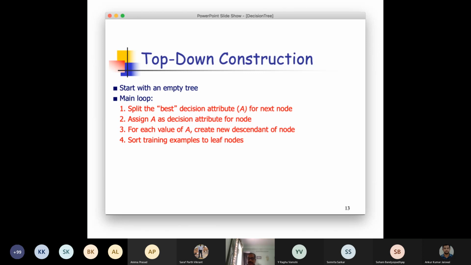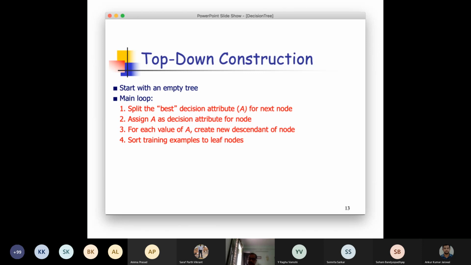Sort means you consider those training examples which should be associated with that node, that is, those satisfying the branching condition, whose value of attribute A is the same as the value used for branching.